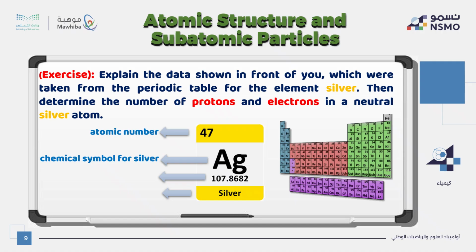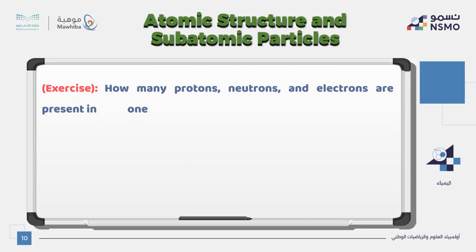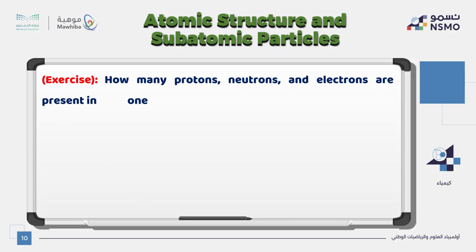Now let's move to the other exercise. We are asked to find how many protons, neutrons, and electrons are present in hydrogen-3 with a charge of minus 1, which is a hydrogen isotope with a charge.